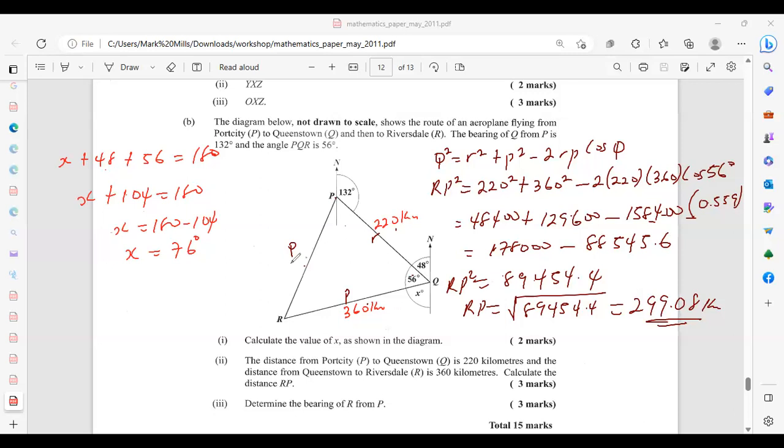So here now, I will need to put this figure where you have the P, right? 299.08, right, kilometers.